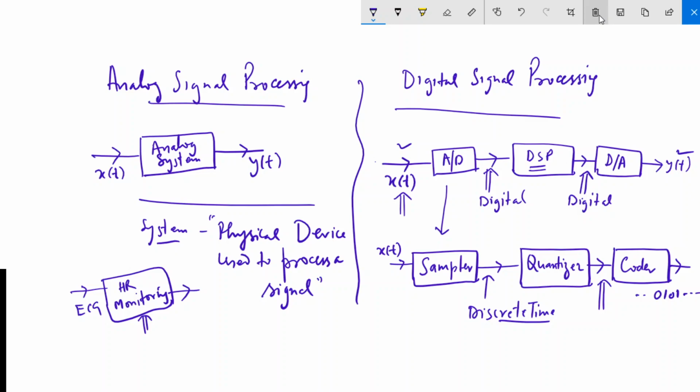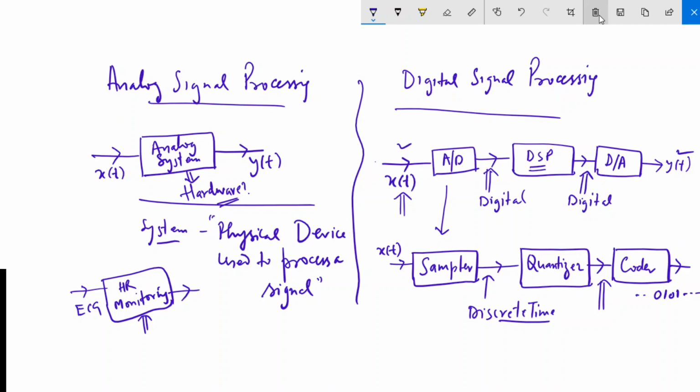Now in analog system processing, or analog signal processing, this system is always a hardware. It is always a hardware circuit, designed from various analog and electronic components.